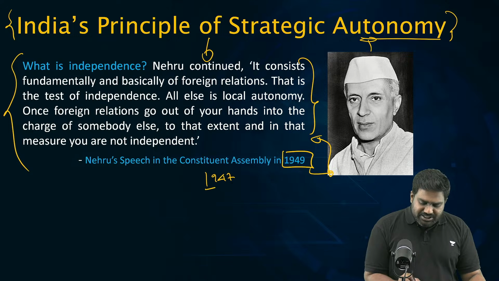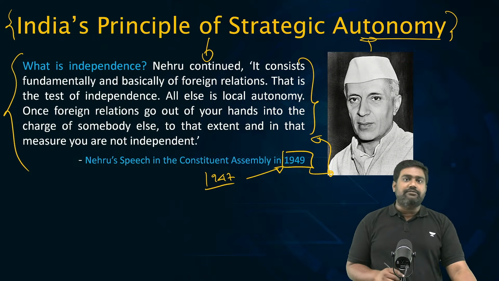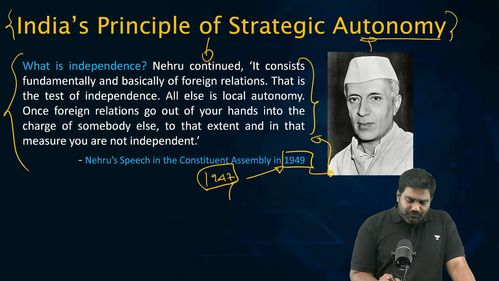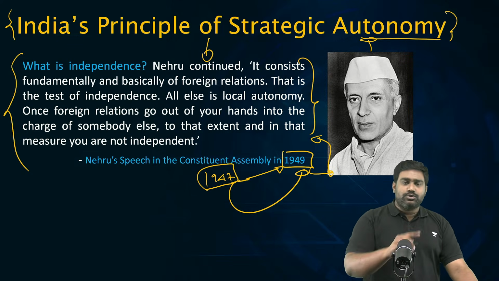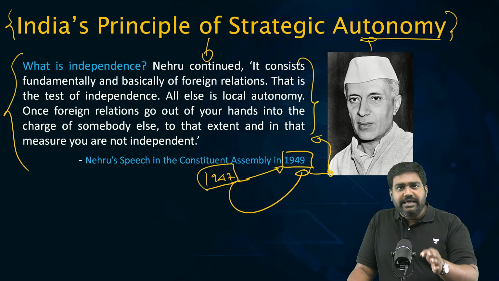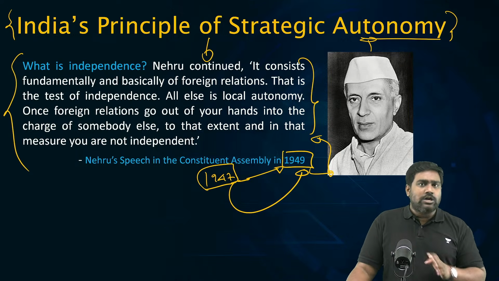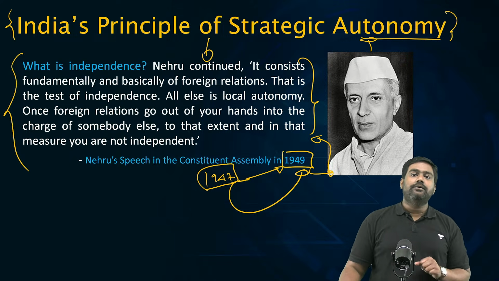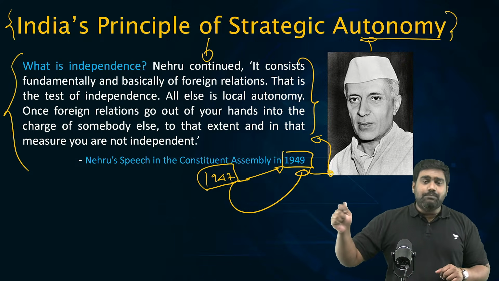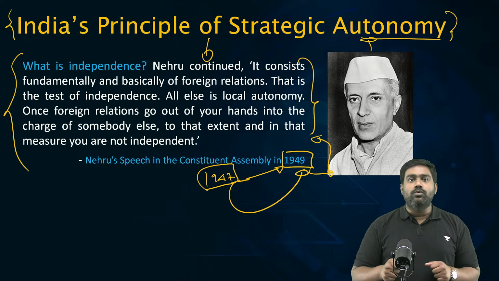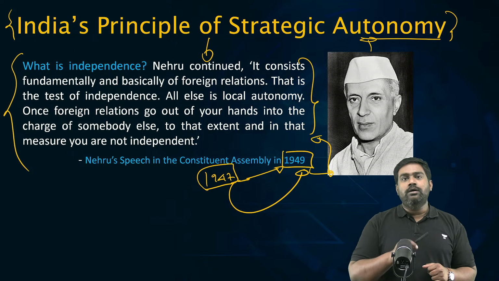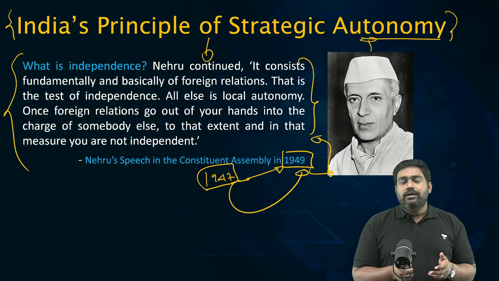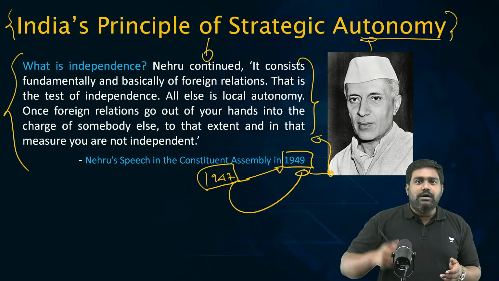See, India had achieved independence by 1947 from British colonial rule. After 2 years of independence, PM Nehru states to the Constituent Assembly that a country is not independent. We are not truly independent unless and until our foreign policy is independent. Because if some bigger power is pressurizing you, if they are imposing on your country and weakening your sovereignty, it means you're simply a puppet of a bigger power.